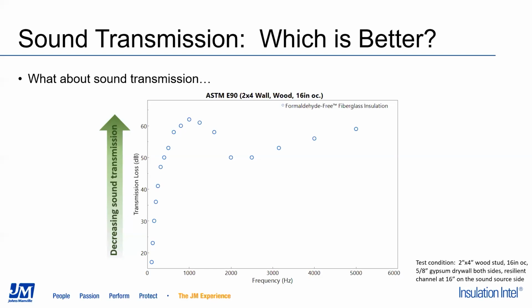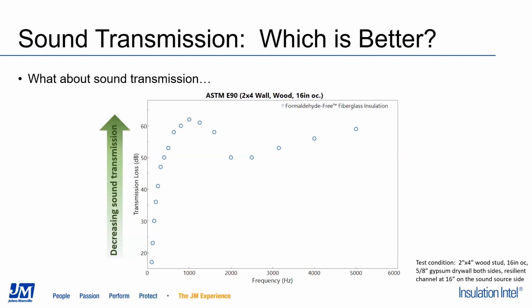And so what we're looking at on this slide is the performance of JM fiberglass insulation that's placed in a 2x4 wall assembly using wood framing that's placed 16-inch on center. And the results, again, are looking at the fiberglass performance across a range of frequencies, and the higher values represent decreased sound transmission. So again, I'll ask everyone to do another thought experiment.